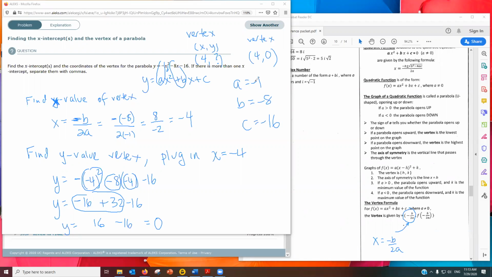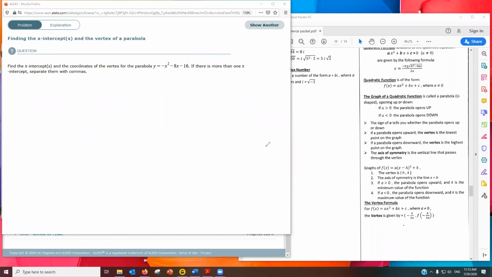Okay. All right, well, now they want me to find the x-intercepts. So this is kind of an interesting one because we just found that the vertex was 4, 0. What that tells me is the graph, and by the way, I know this opens downward, right? Because notice here our a value is negative 1 in our example.